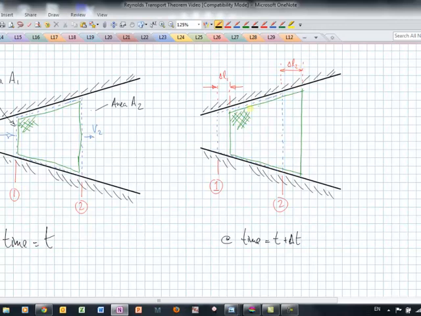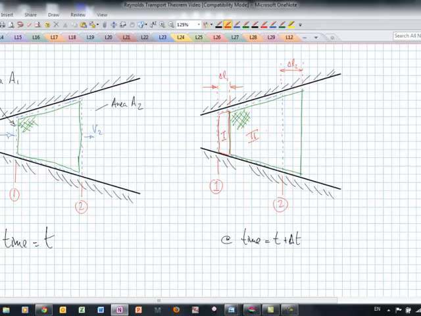So the system has moved away from the control volume, and we're going to look at 3 different regions in this new setup at t equals t plus delta t. Region 1 is the gap that's left between the control volume and the system that's moved away from it.